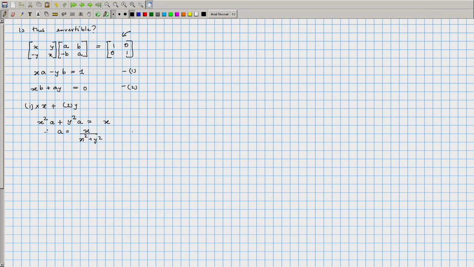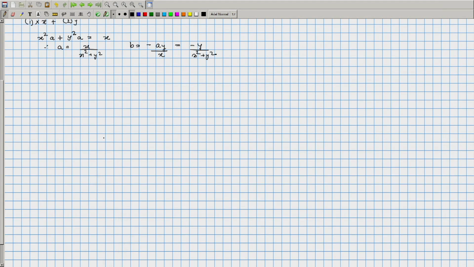Similarly you can show that b is equal to minus ay by x, and that is equal to minus y by x square plus y square. And therefore, we can carry out this operation as long as x square plus y square is not equal to 0.